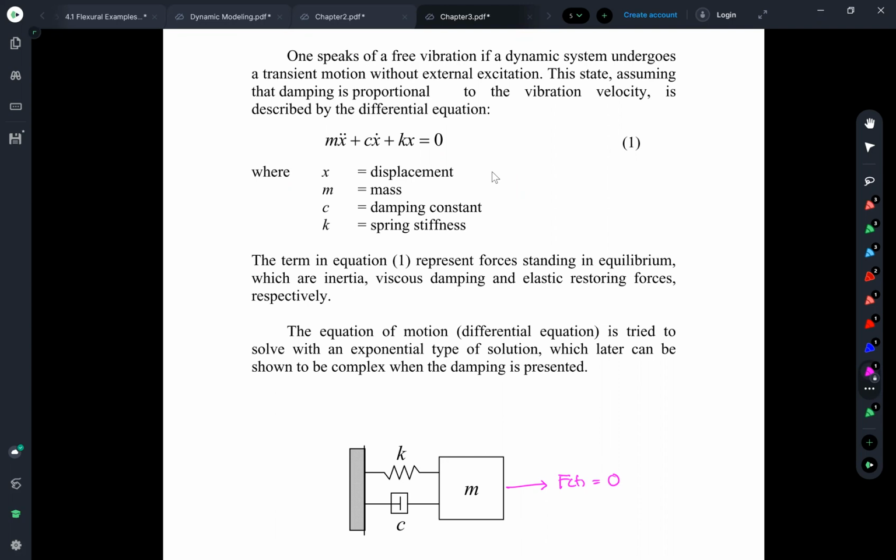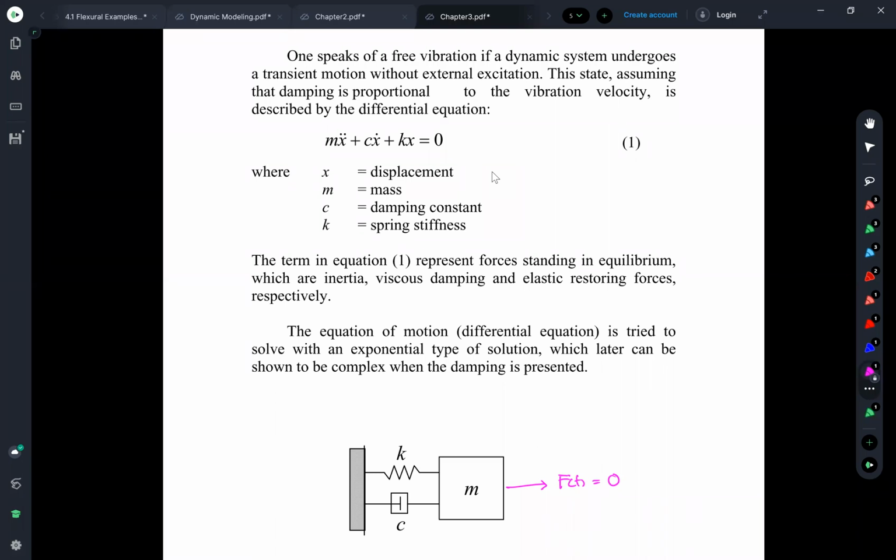Stiffness, when you go to a very large motion, you might expect the structure to behave with a little bit of nonlinearity. But the damping has quite a strong nonlinear behavior.